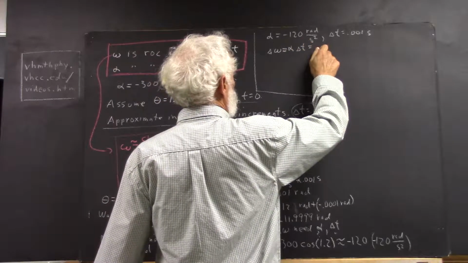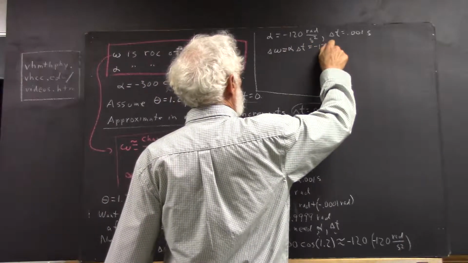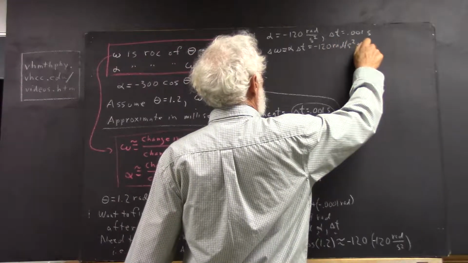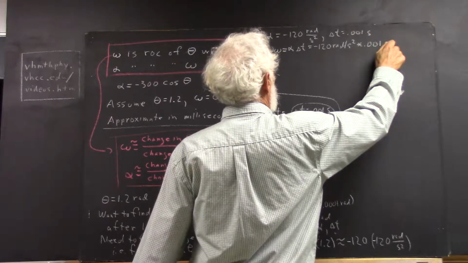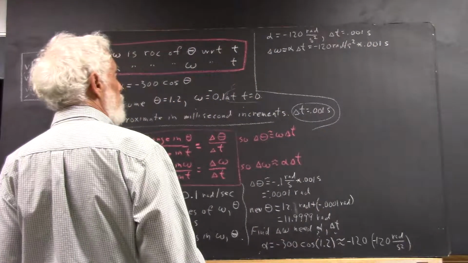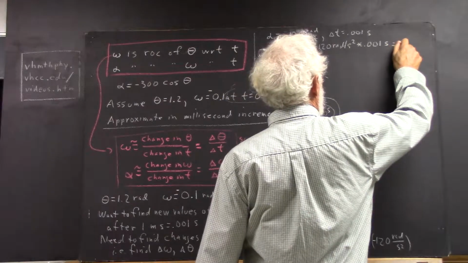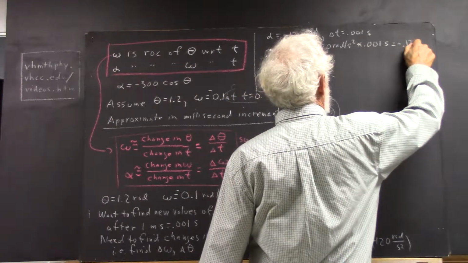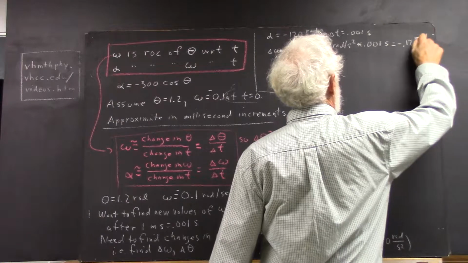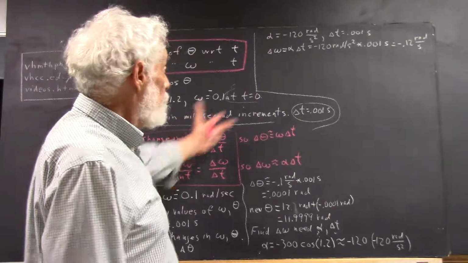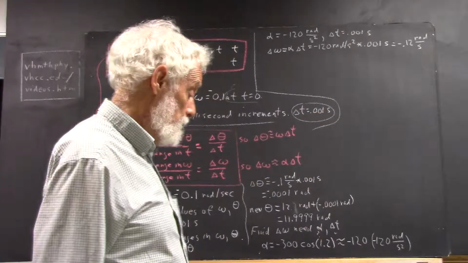So that's negative 120 radians per second squared times 0.001 seconds. And that comes out to negative 0.12 radians per second. Okay, so that's taken care of.